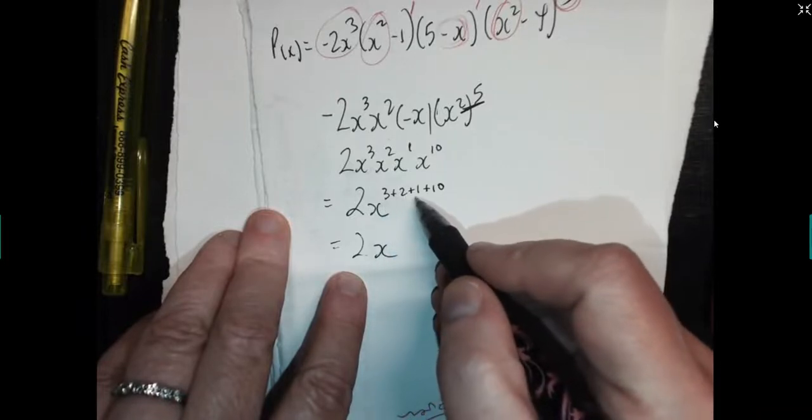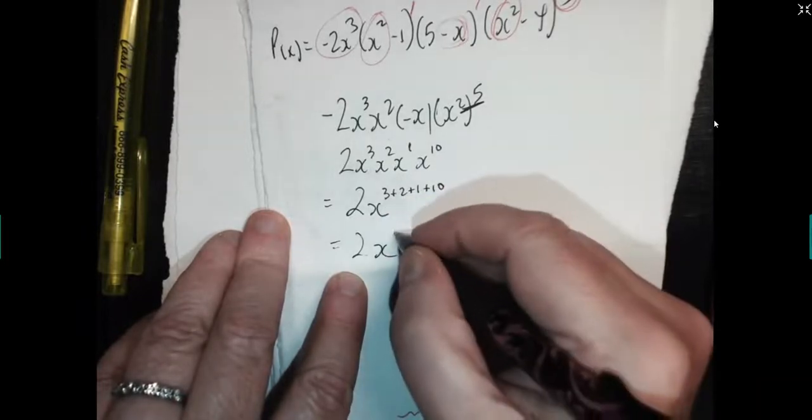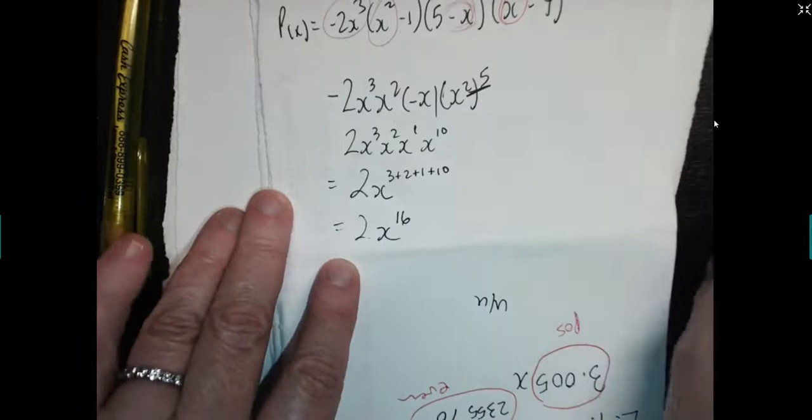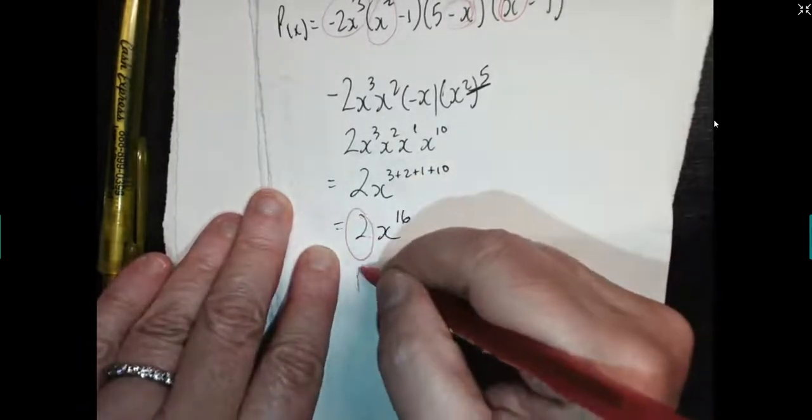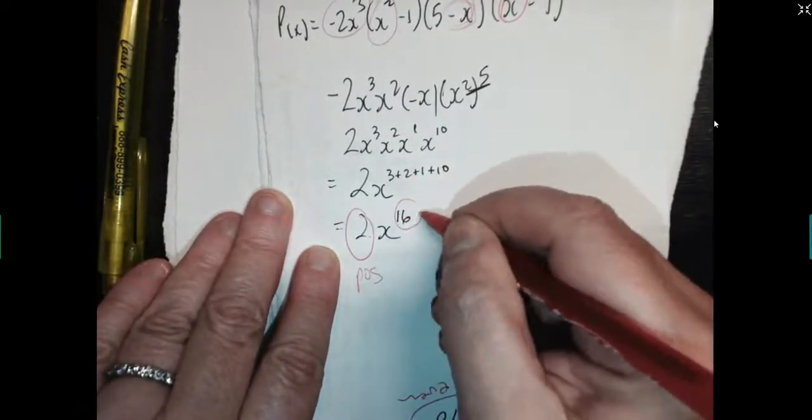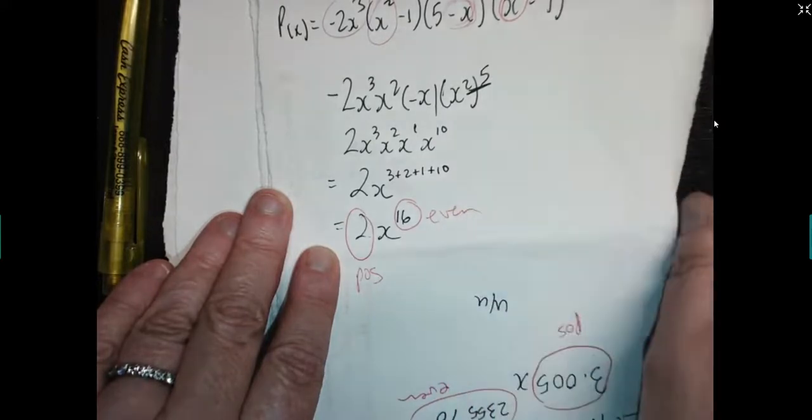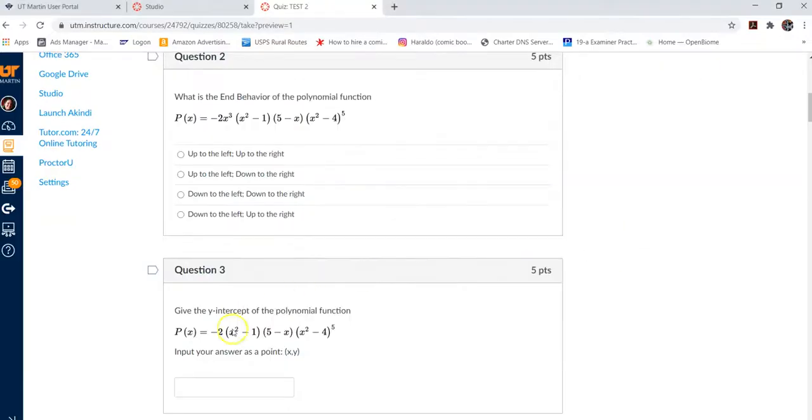And 3 plus 2 is 5, plus 1 is 6, plus 10 is 16. Now, yet again, in this example, we have a positive number times x to an even power. And so again, we will have up, up, because 2x to the 16th is the leading term of that.